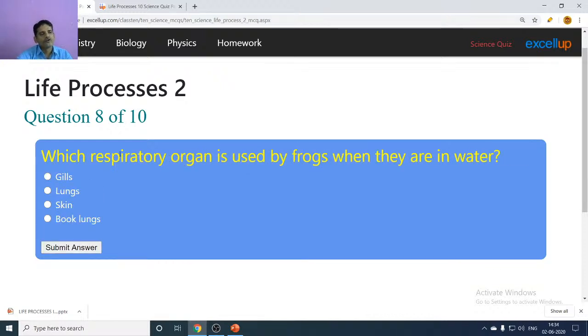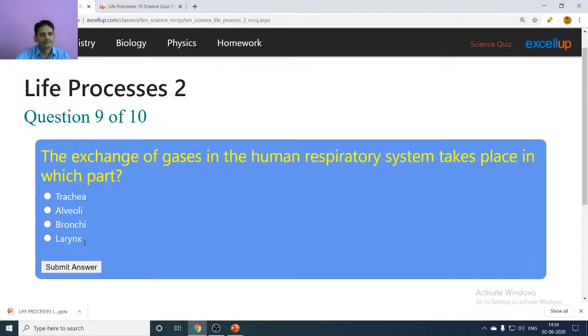Next question. Which respiratory organ is used by frogs when they are in water? Skin. The exchange of gases in the human respiratory system takes place in which part? Which part we have discussed?